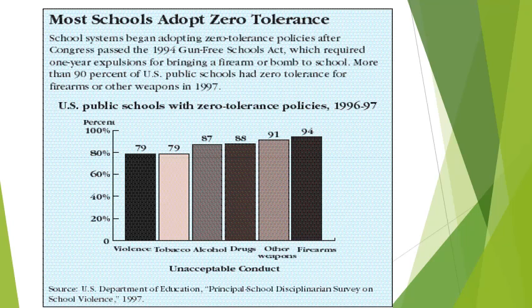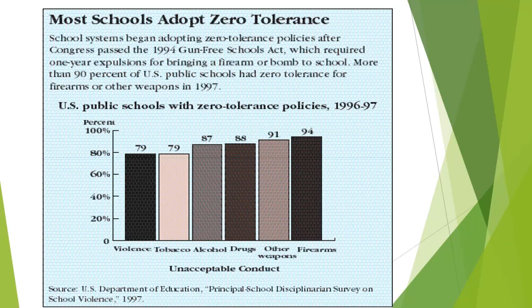Even with all the negative effects being seen in the schools nationwide, many schools are still incorporating the outdated policies. In 1997, more than 90% of schools held zero tolerance policies for firearms or other weapons. This graph shows other ways schools have used zero tolerance policies in the past.